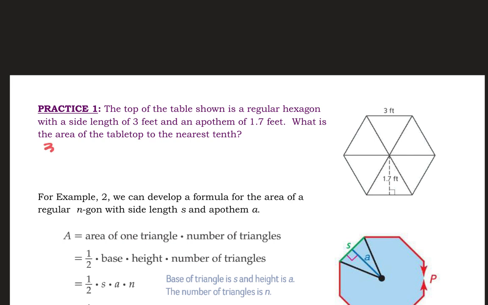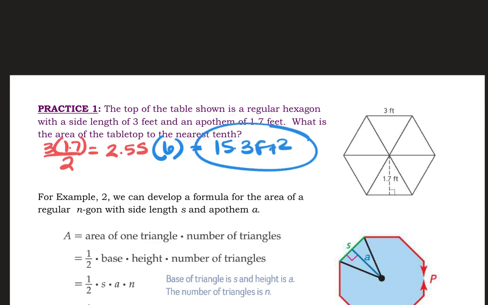So everyone agree 3 times 1.7 divided by 2 is 2.55? Okay, 2.55. All right, and then multiplying that by how many triangles? 6 gives us a total of 15.3. All right, and then that would be the total of the hexagon.